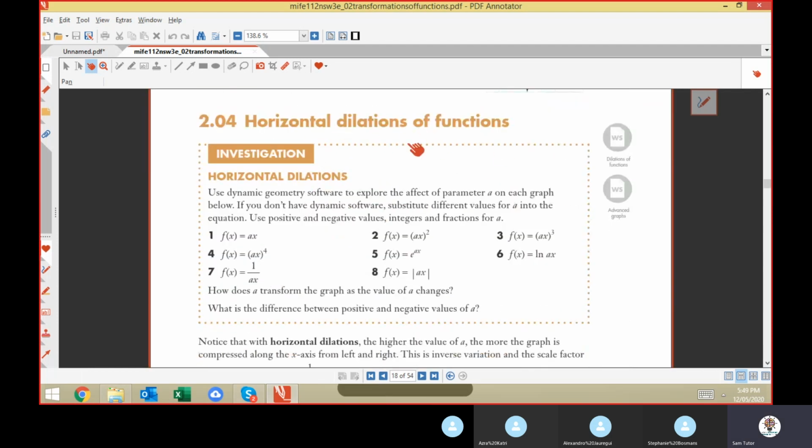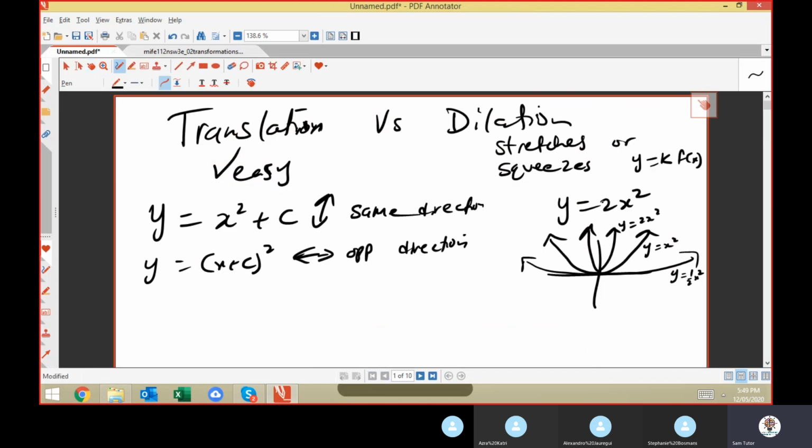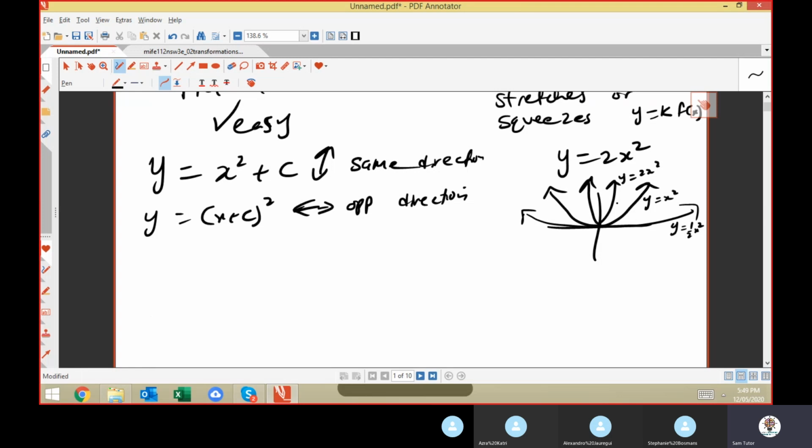Horizontal dilations of functions, these are attached to your x's instead of to your whole function. So again, just like this 2 was not attached to the x because x is squared. For it to be a horizontal dilation, it's got to be attached to my x, so it's got to look like this.